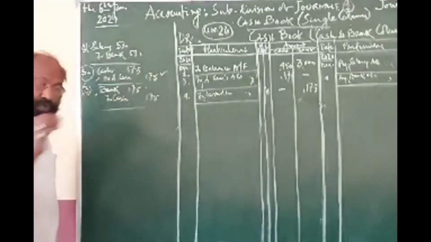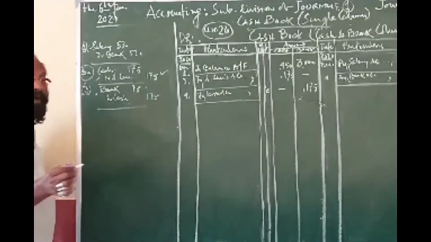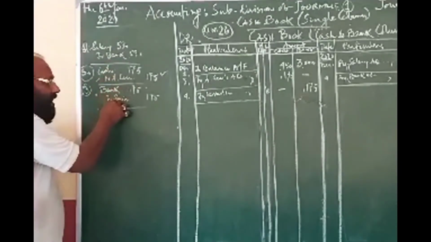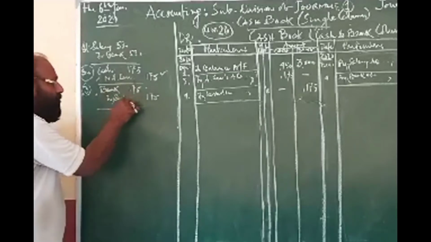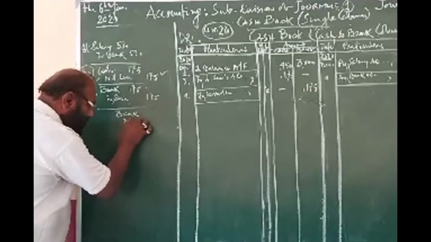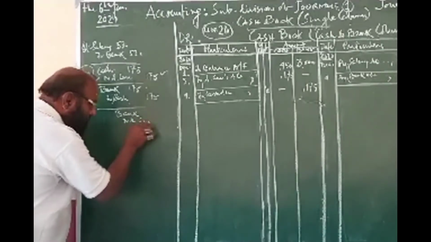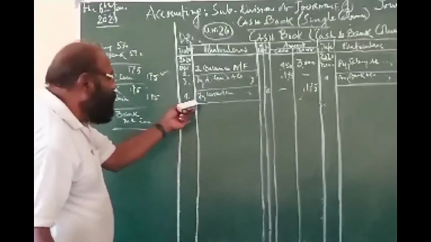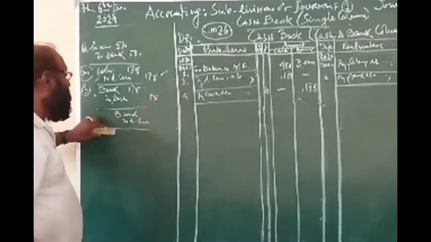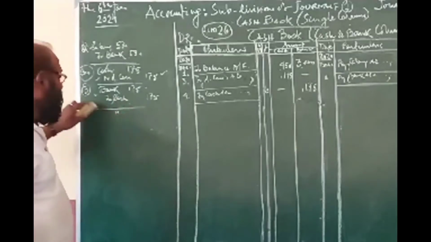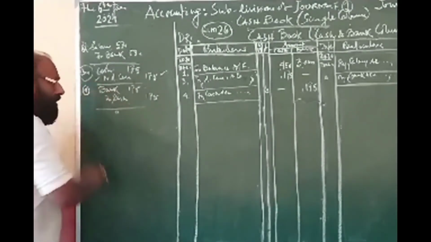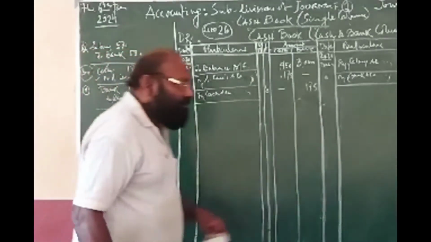This is known as a compound entry. Then cash is debited and cash is credited. So what is the ultimate journal? Bank account debit to Mr. Shen. Clear? So that type of treatment might be there, and later on you will get it. I am making you learn and be informed with this.